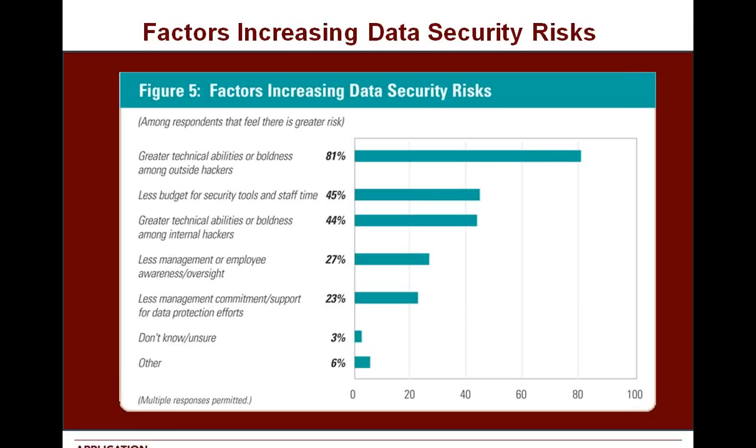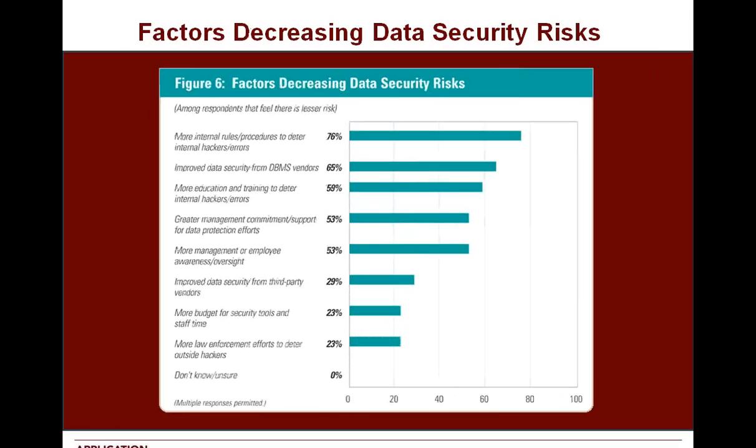Okay, in the next slide, we're going to look at those folks, that small minority of respondents I was talking about, that 3% who say they've seen less risk. They feel that the risk has lessened, and they attribute their better fortune to having more internal rules or procedures that actually deter internal hackers or errors. There's more of a disciplined focus on policies and procedures within their operations.